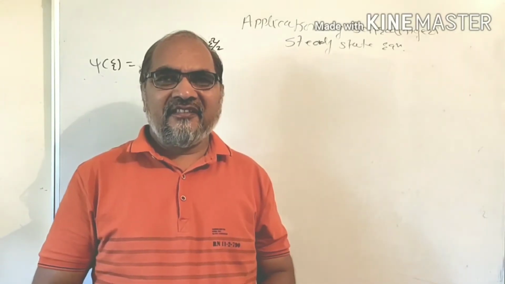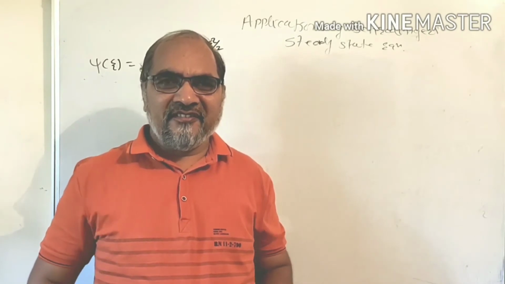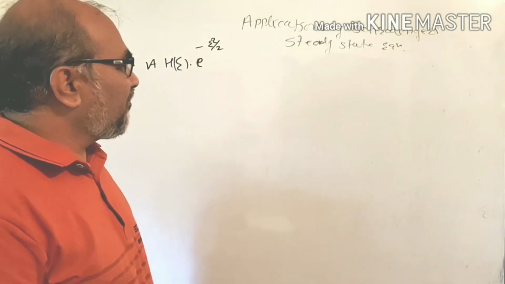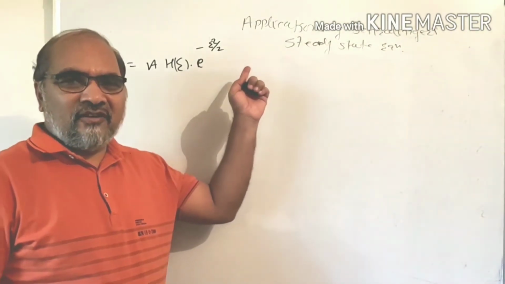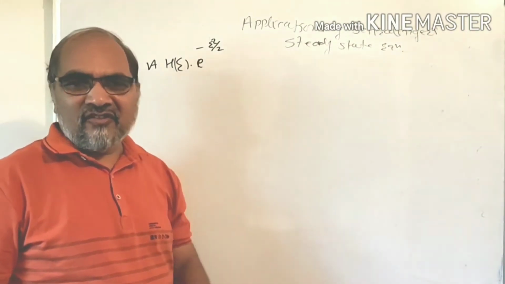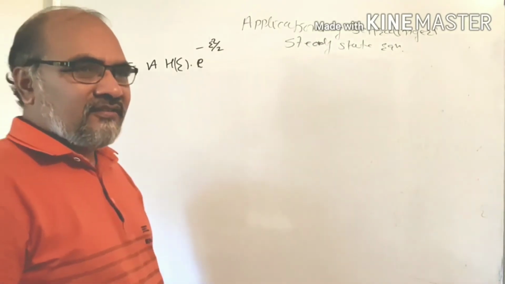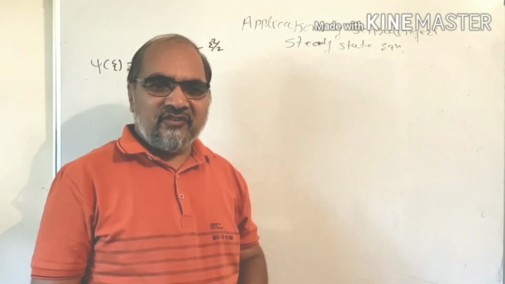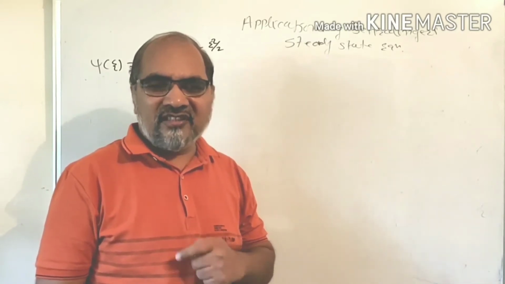Welcome to the third part of Schrodinger's equation to solve for the harmonic oscillator. In the first part we have seen the classical picture of the harmonic oscillator.